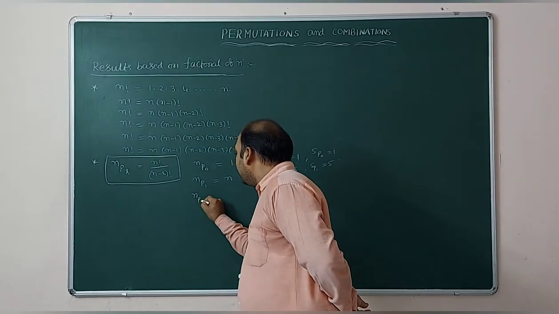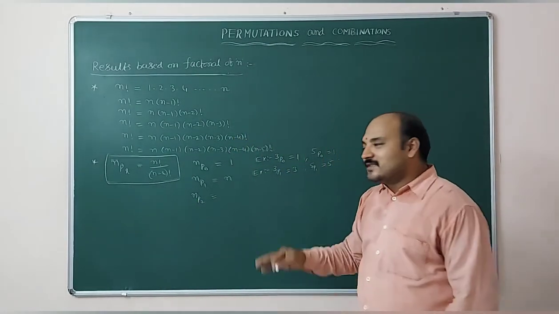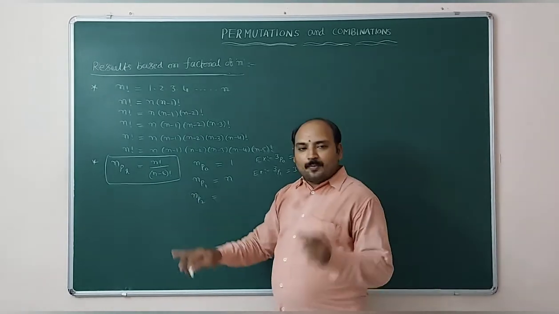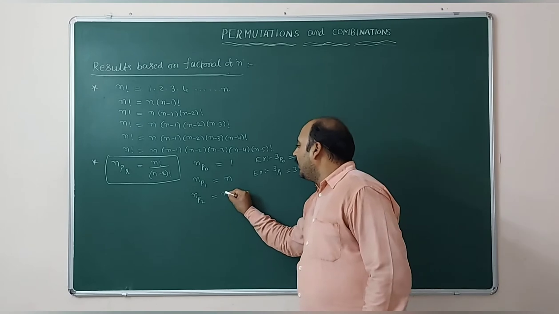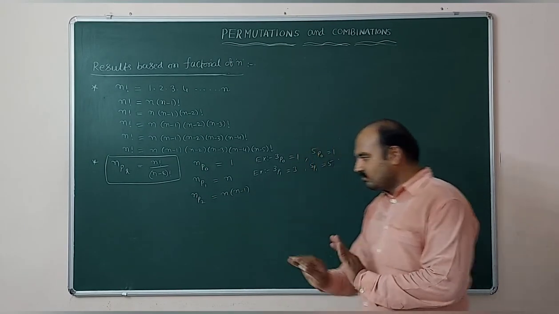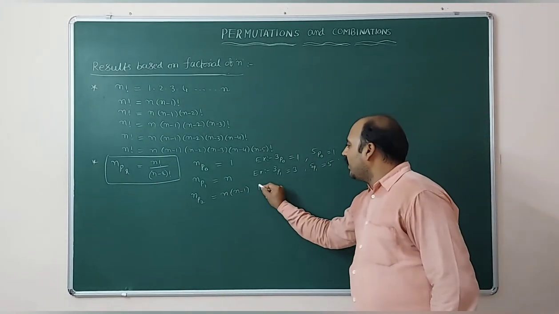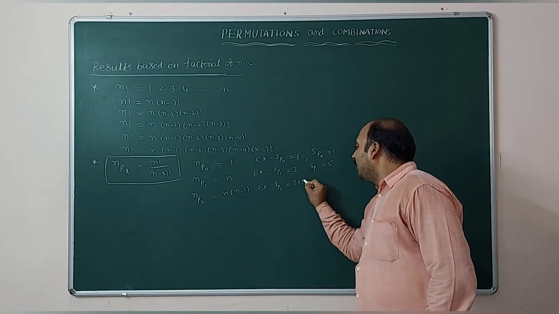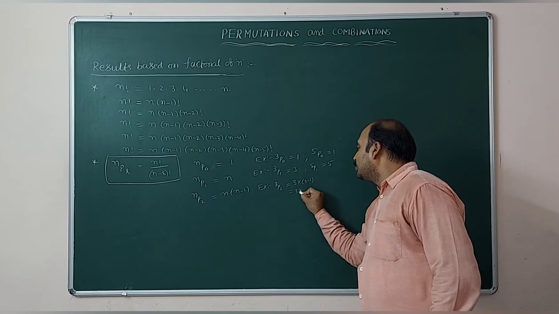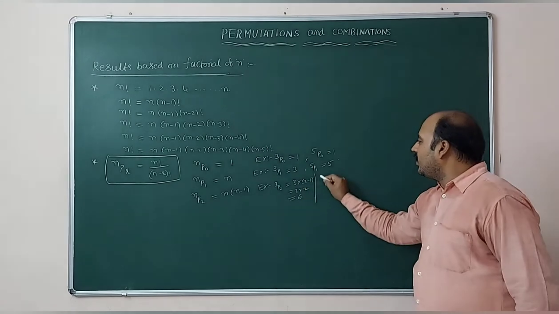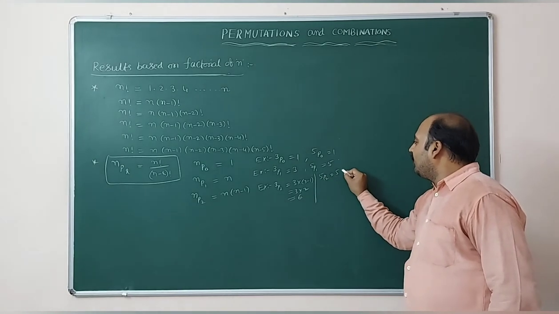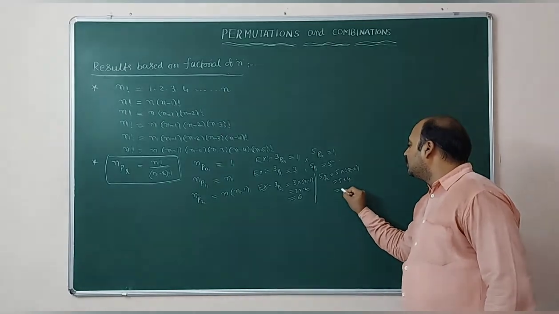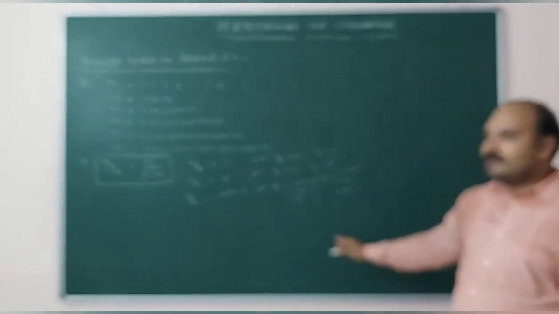Similarly nP2, I already said the logic, once again I am saying: here 2 is there, meaning the product of two terms, n into n minus 1, that's all. If you want to write the value of 3P2, 3 into 3 minus 1, that's all: 3 into 2, 6. If you want to write 5P2, 5 into 5 minus 1, that is 5 into 4, equal to 20. This is the way you can write it.